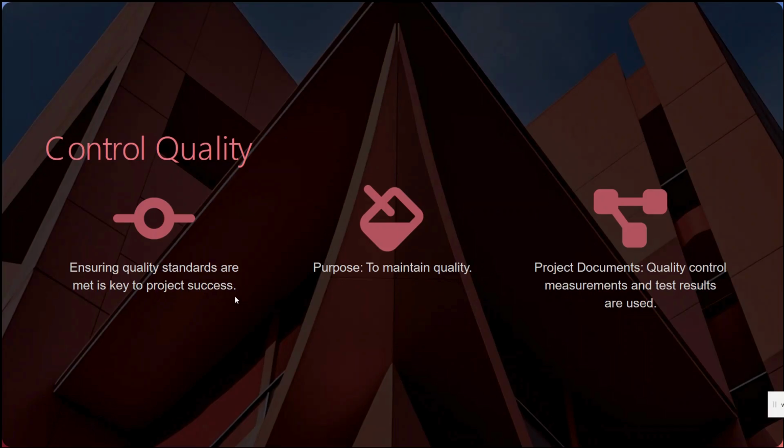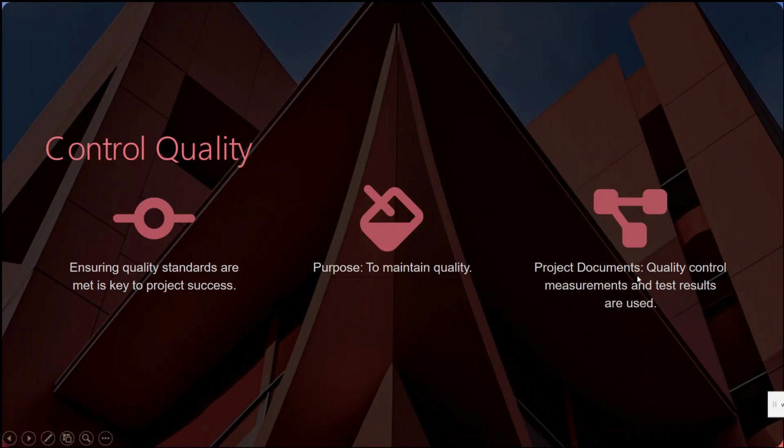If there are any quality issues, we fix them before moving forward. The purpose of quality control is to maintain quality, ensuring that deliverables meet quality standards and expectations.